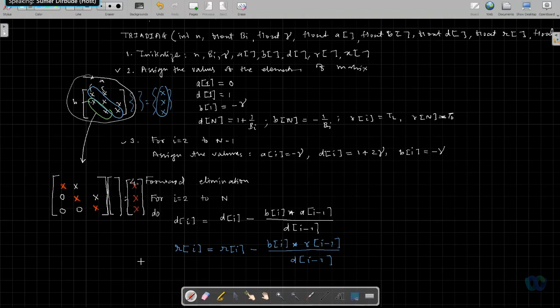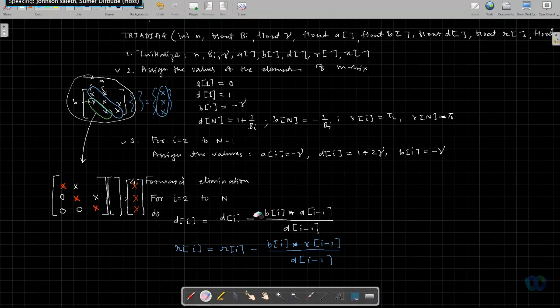Sir, in this formula, is it bi or ai? It is bi. Ri is equal to Ri minus bi.